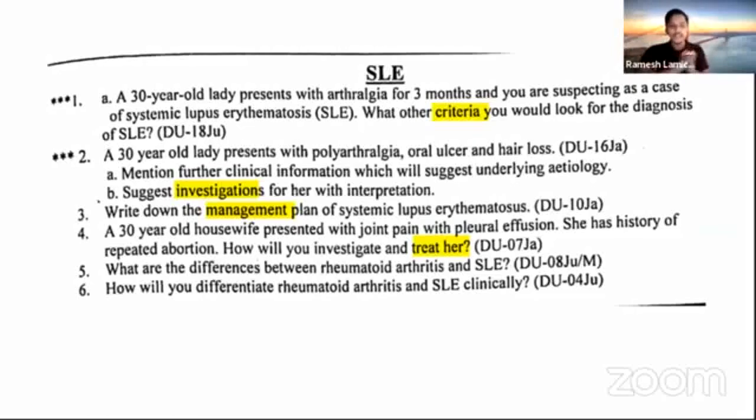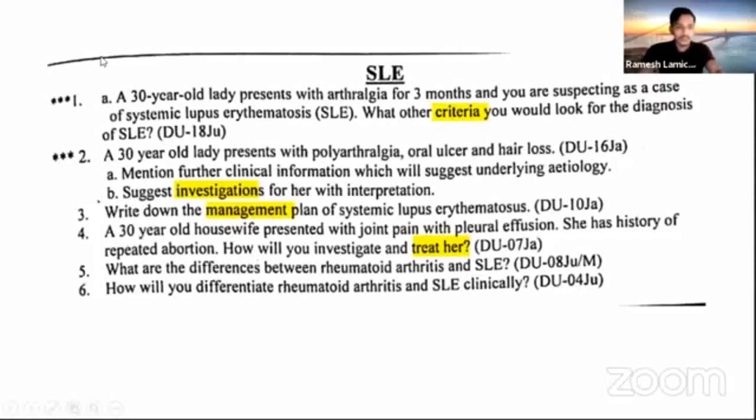They can ask you how you can diagnose it, what is the diagnostic criteria for SLE. We have a mnemonic to remember it. The name of the mnemonic is MD SOAP BRAIN.